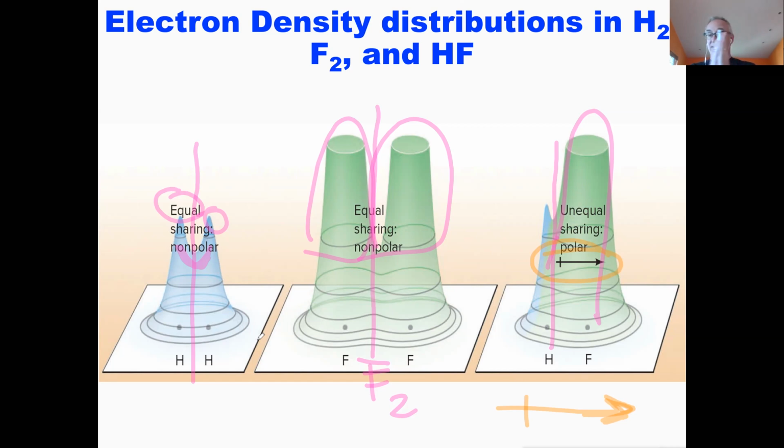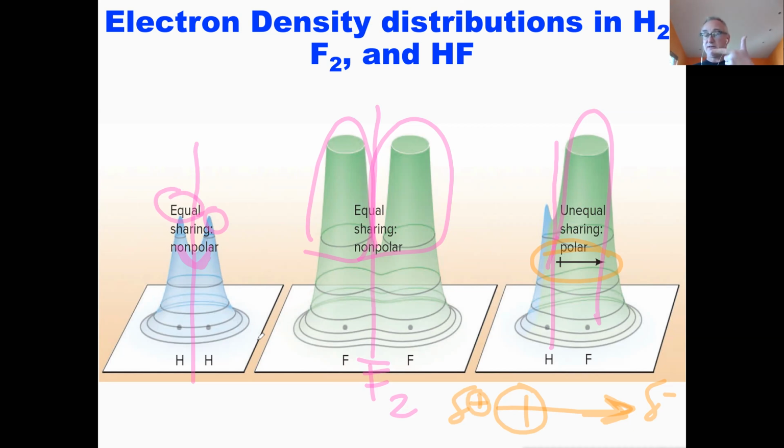Those electrons are spending more time around fluorine, so we point towards the one that has the slightly negative charge, and we point away from the one that has a slightly positive charge. If you forget which direction, notice that this has a plus sign in it, and the plus sign points towards the slightly positive atom.